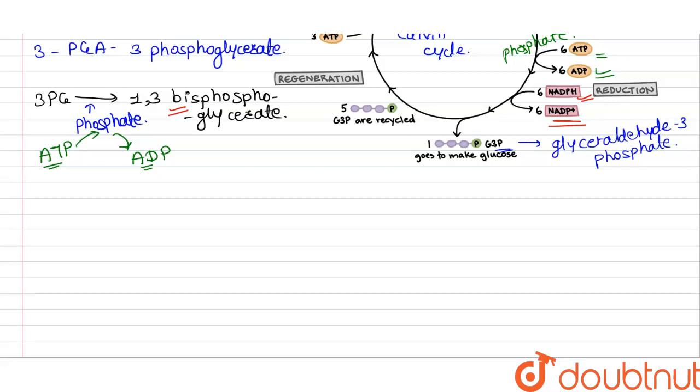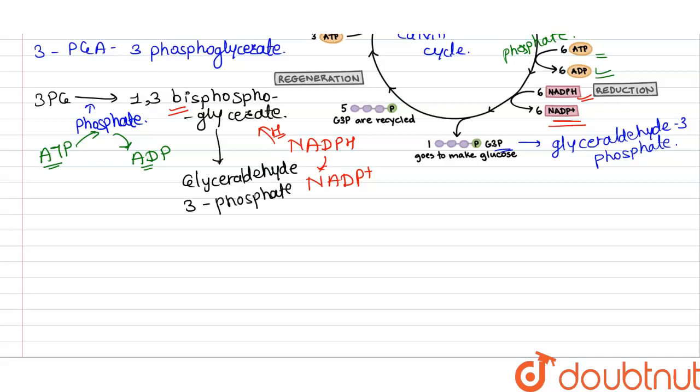Here you can see the NADPH becomes NADP plus because the hydrogen is being used, and because of this usage of hydrogen, the 1,3-bisphosphoglycerate turns into glyceraldehyde 3-phosphate, which is also called G3P.